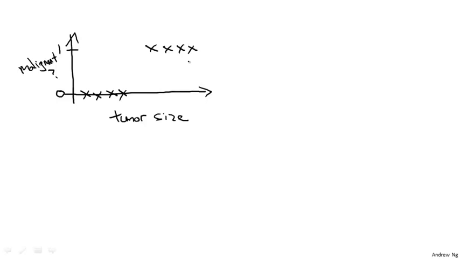One natural question to ask is, why don't we just apply linear regression to this problem? We already know how to do linear regression, and if you apply it to this data set, you fit a straight line like that, maybe. And what you can do is then threshold your classifier. So you have h of x, which is theta transpose x.